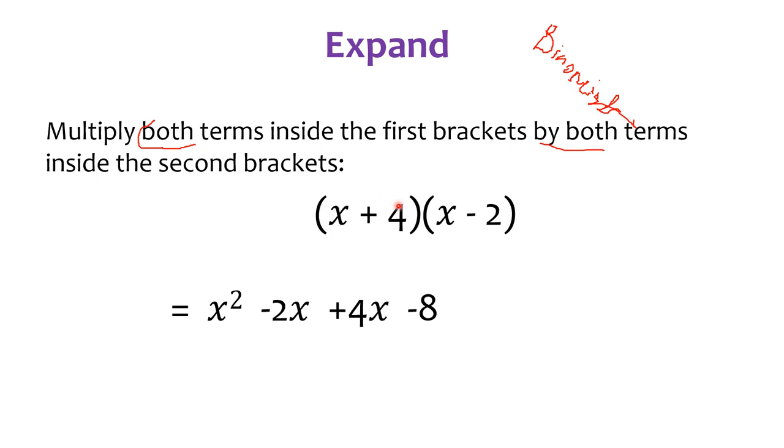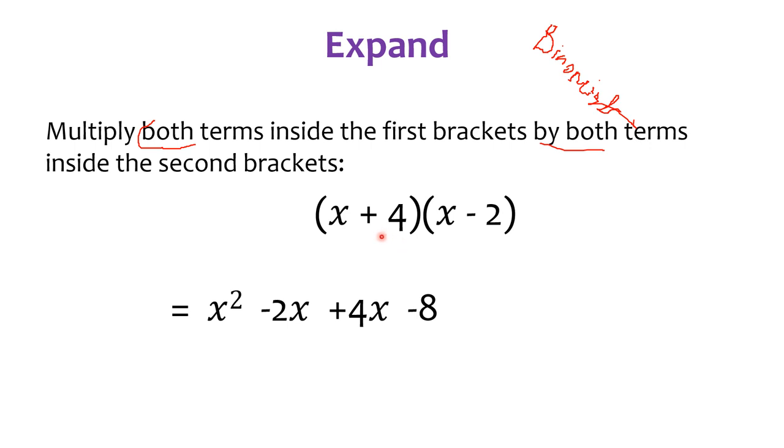Now we use the 4, and we do the same step. The 4 is positive for that matter. The 4 multiplied by x will be a positive 4x, because positive times positive is positive. And 4 multiplied by negative 2, a positive times a negative, is a negative. A friend of an enemy is an enemy.